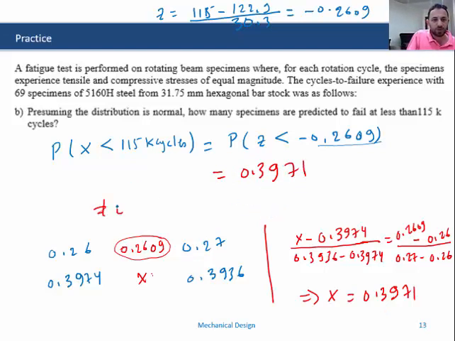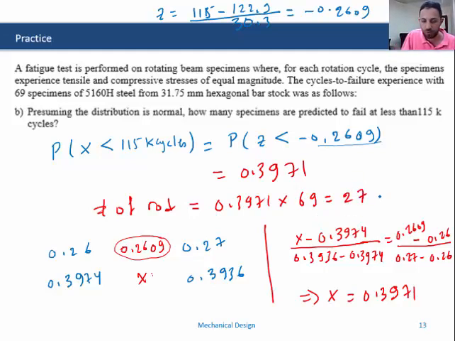Then the number of roads, so we have like 39.7% of the roads have a life cycle which is less than 115 k cycles. Okay, 0.3971 multiplied by 69 specimens, which is 227 specimens.